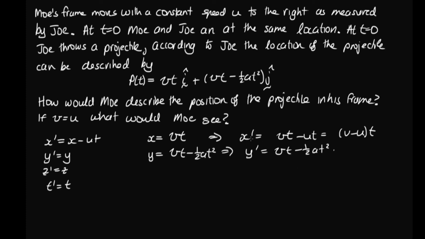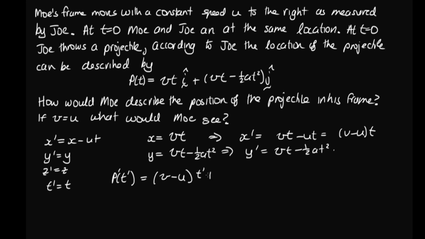Okay, so now we've got x prime and y prime, we can write what this will appear like to Mo. We'll call it p prime because we're in Mo's frame now, which is the prime frame. And so we have (v minus u) t prime. Now as t and t prime are the same, let's write this as t prime.